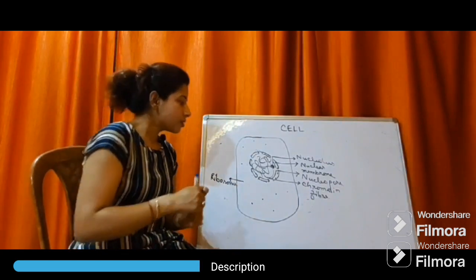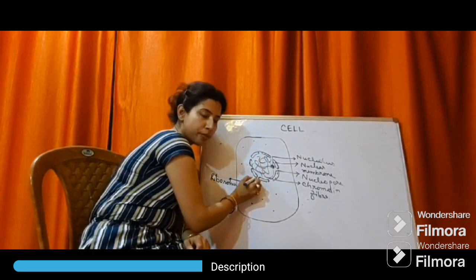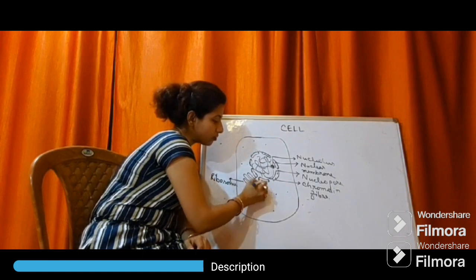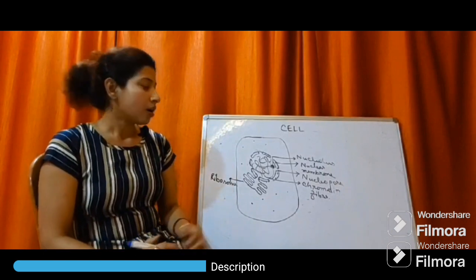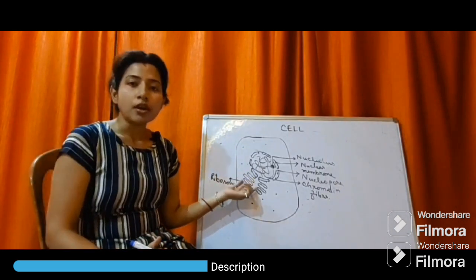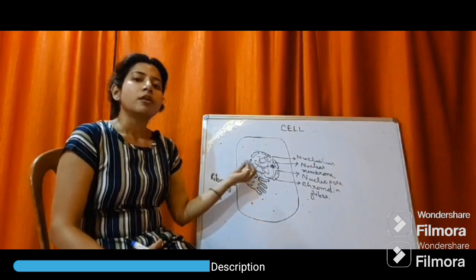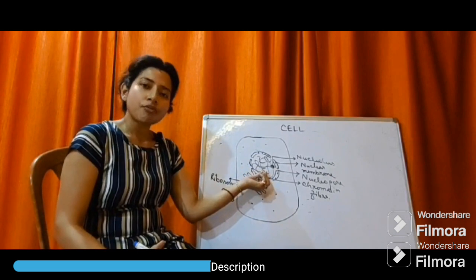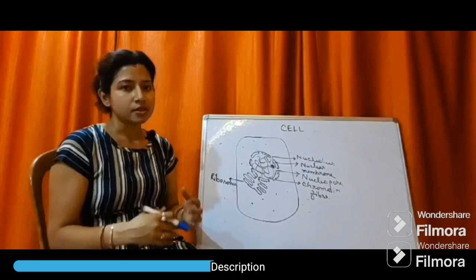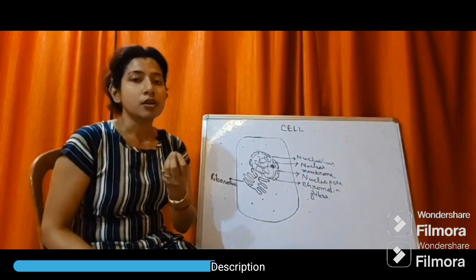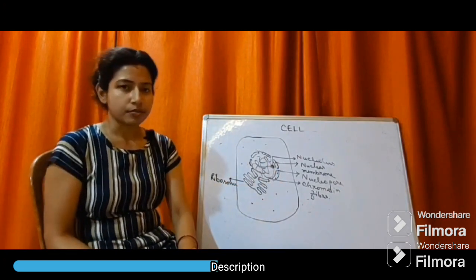Okay. The next structure is the endoplasmic reticulum, which starts from this nuclear membrane. It is a track-like, vesicle-like structure. This endoplasmic reticulum is called the drainage part of the cell because it sometimes removes nuclear waste from the nucleus to the cytoplasm, and sometimes it carries important substances from the cytoplasm to the nucleus.